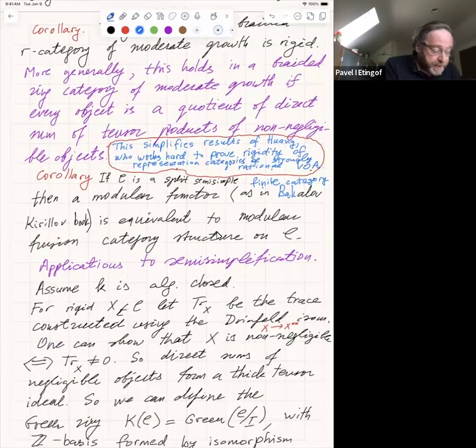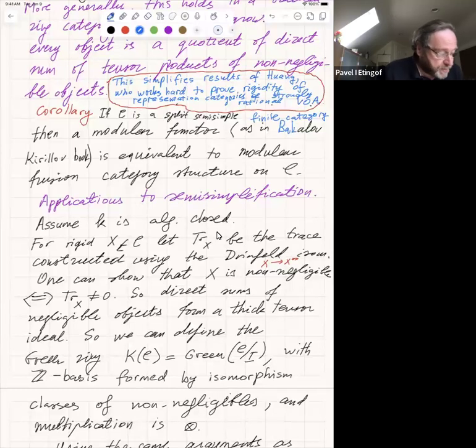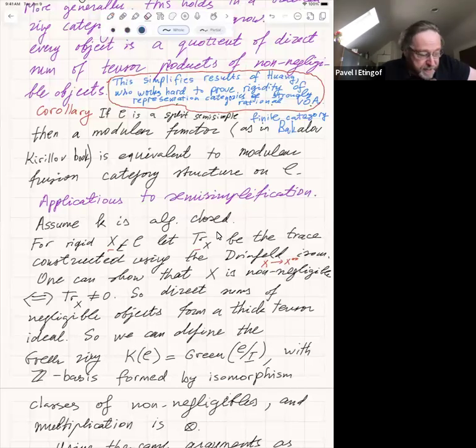Now, let me discuss some application to semi-simplification. So assume that K is an algebraically closed field. Then if I have a rigid object X, we have a notion of trace. Of course, in braided categories, you cannot take the trace of a map from X to X, but you can take the trace of maps from X to X double dual in tensor categories.